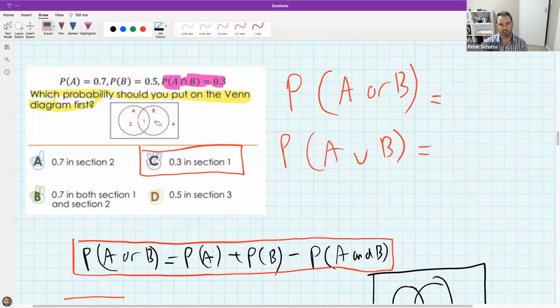Now, I guess what I have to do is figure out what goes where.